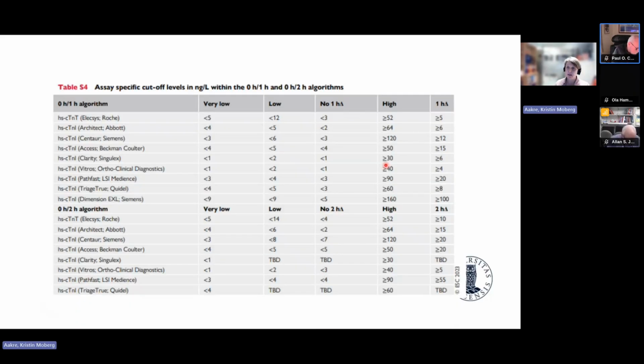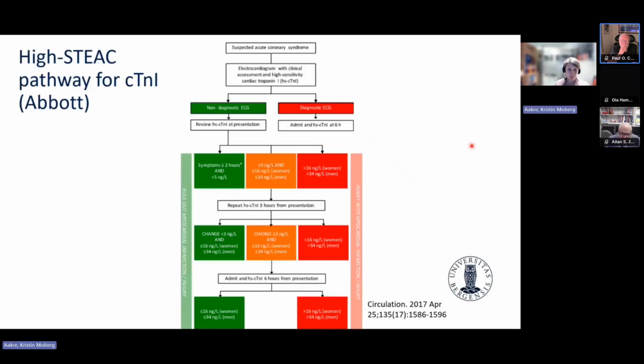It uses assay-specific cutoffs for all assays, which are shown here. There are also other pathways which are used.